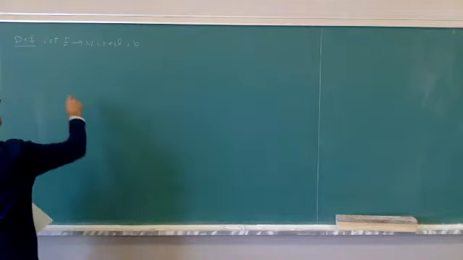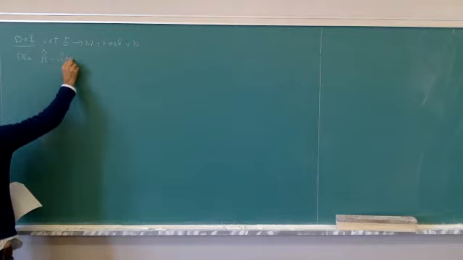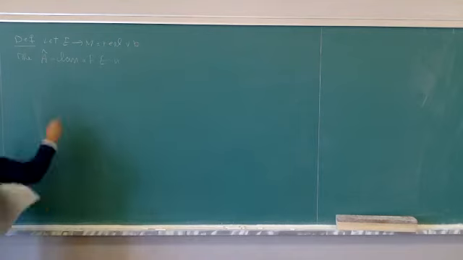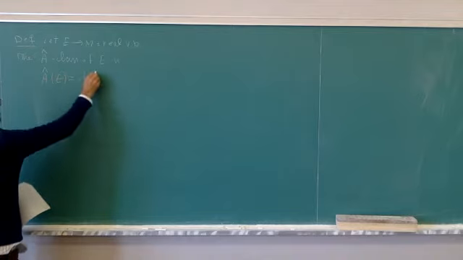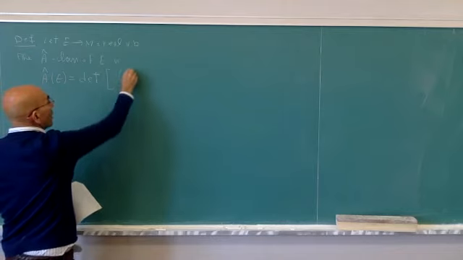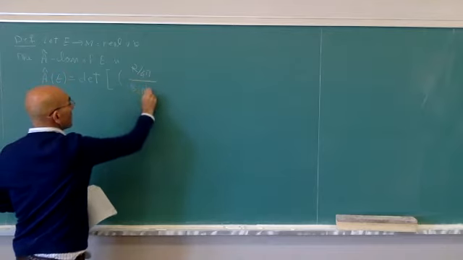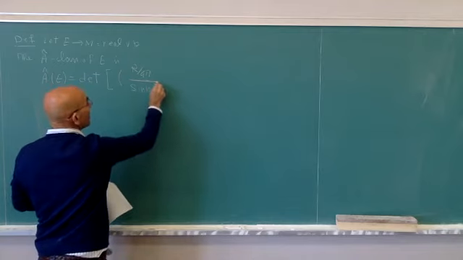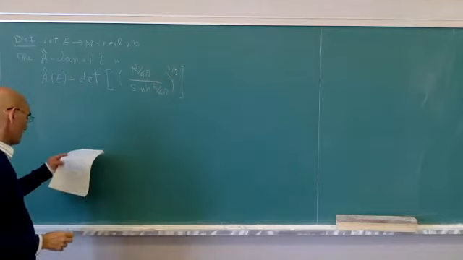The A hat class, or A roof class, of E you just define as A roof of E equal to the determinant of the square root of (R over 4 pi divided by sinh of R over 4 pi). Yeah, that's right.